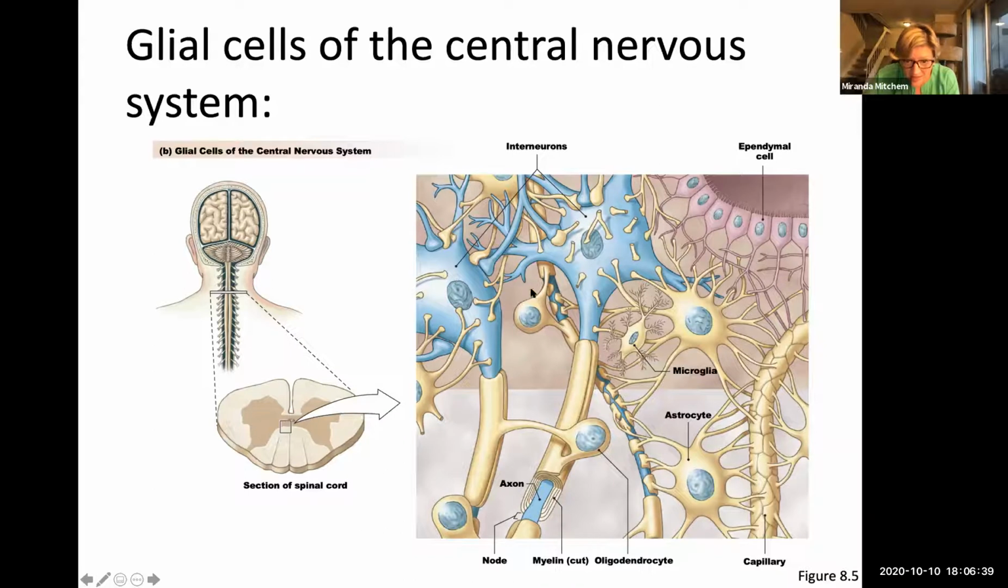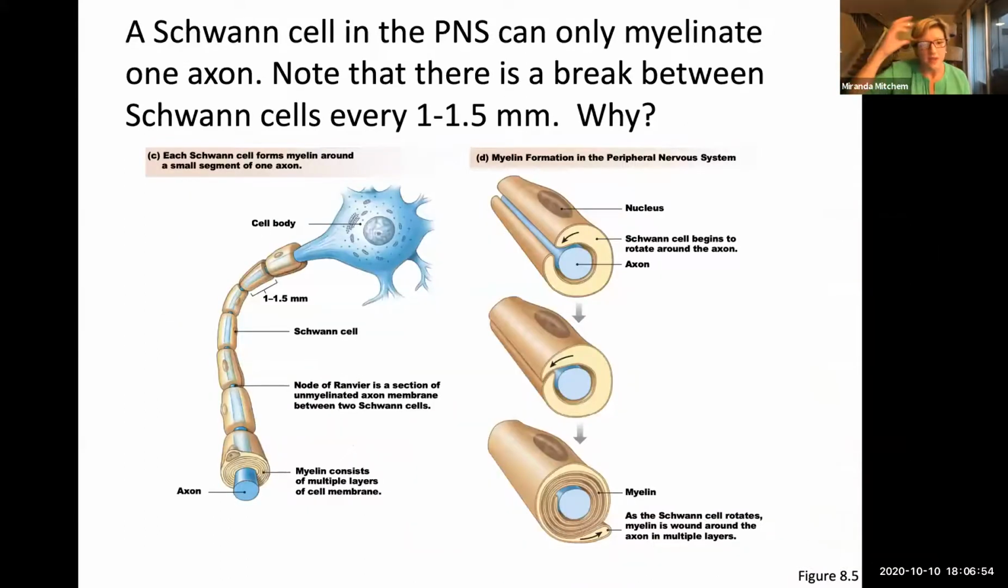Look here at the cell that's producing the myelin. You can see the nucleus of the cell that is associated with wrapping around that axon. Okay, so the Schwann cell puts myelin at a space.